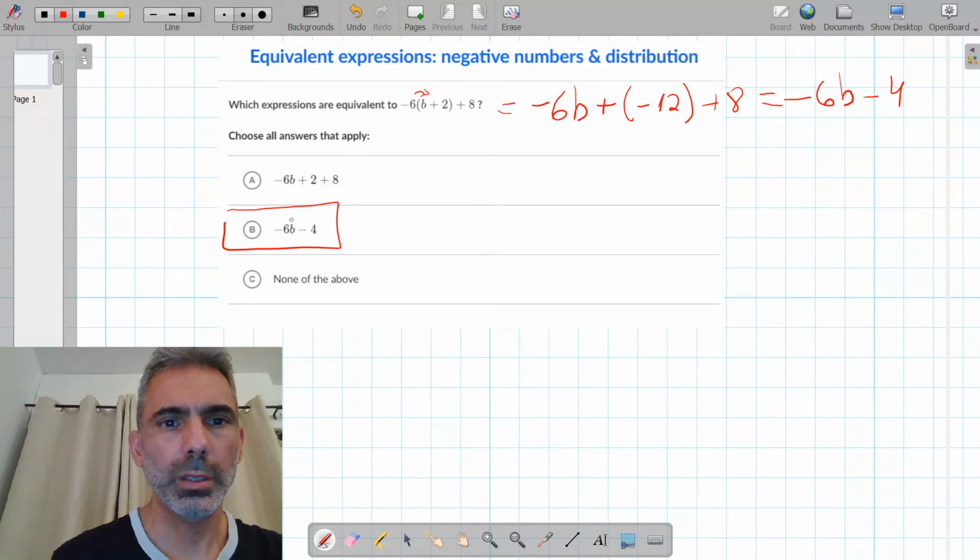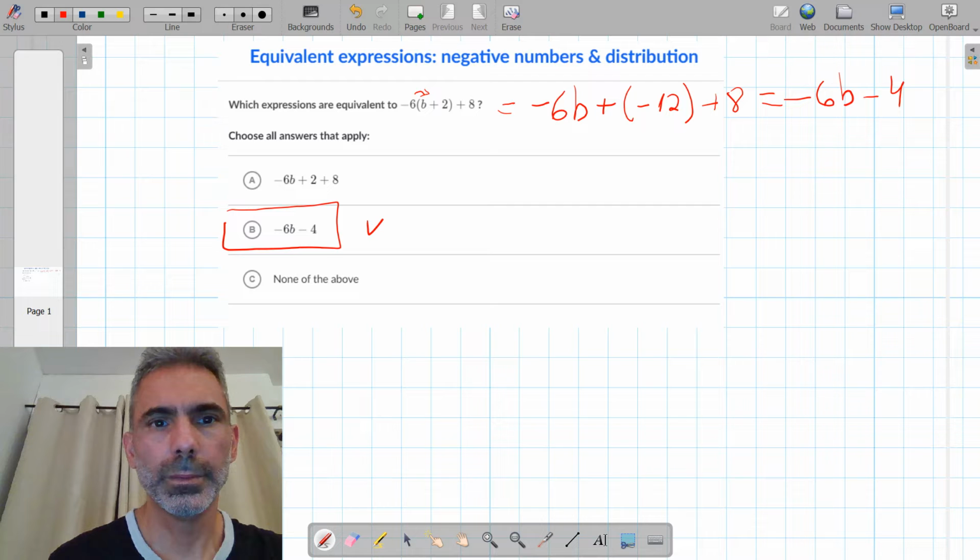Okay, so B is correct. And A is incorrect.